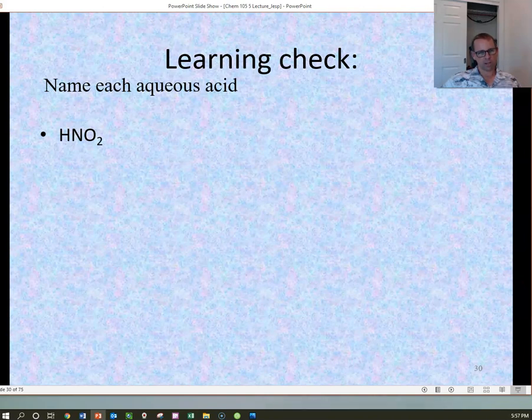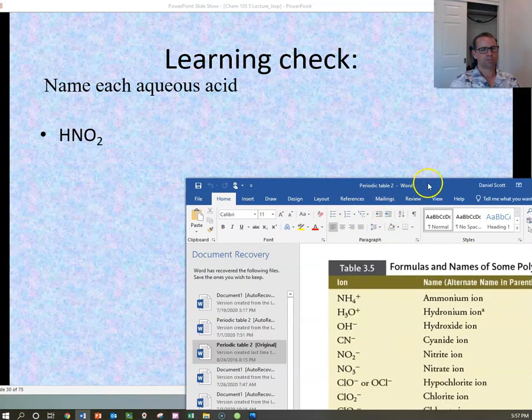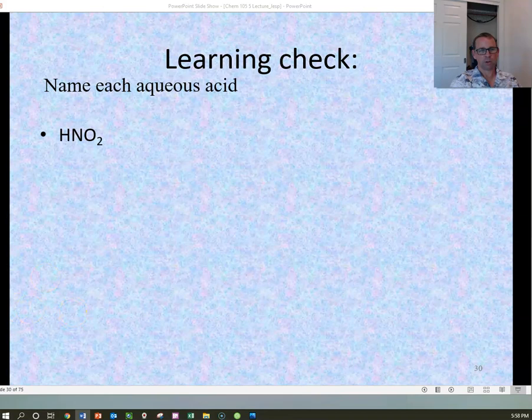So is it named hydro-blank-ic or after the polyatomic ion? It would be after the polyatomic ion. Very good. And what is the NO2 ion? You see it there on the chart? Nitrite, and it would be changed to ous. Nitrous acid. Excellent.